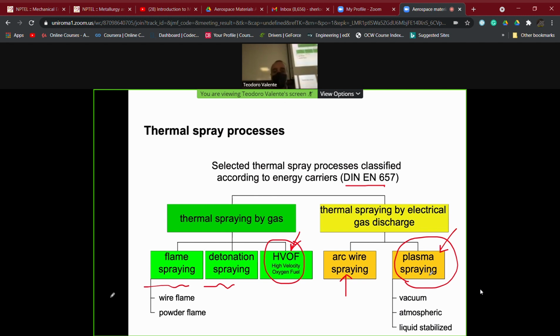subclassified, if you want, according to the characteristics of the environment in which the spraying process is performed.